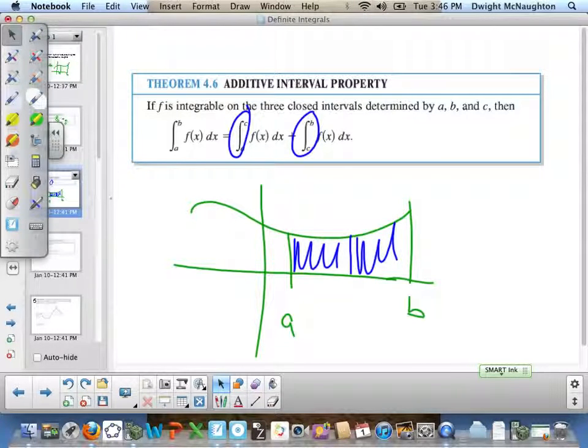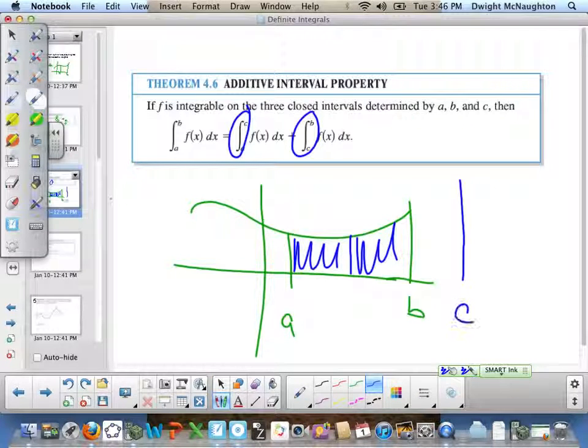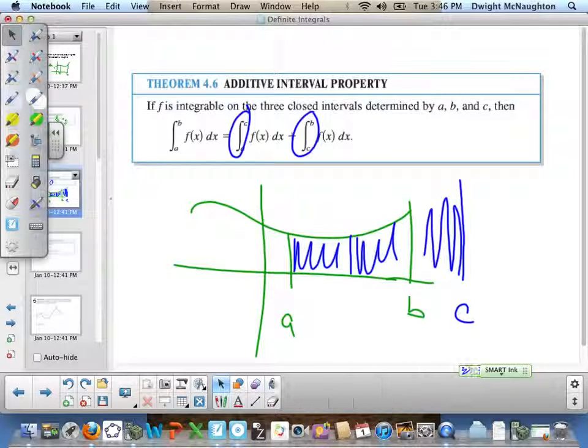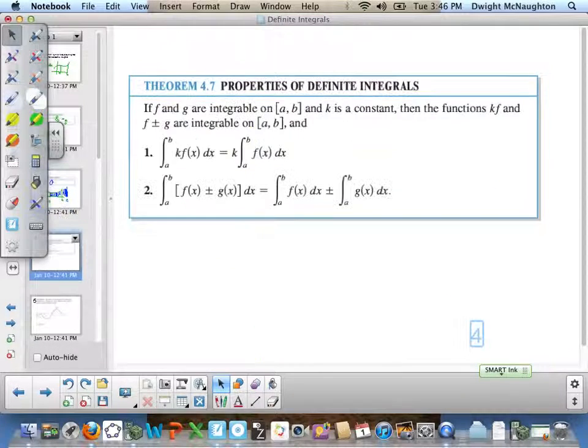And that's no matter where we put c, because if we put c out here, to go from c to b, we're going backwards, so it'll be negative. So if we got a, b, and c, the integration from a to b is the same as from a to c, and then from c to b, even if c is not between, because of the going backwards thing being negative in math.